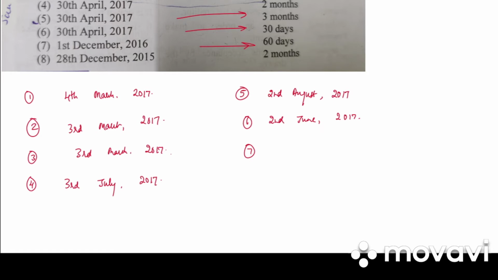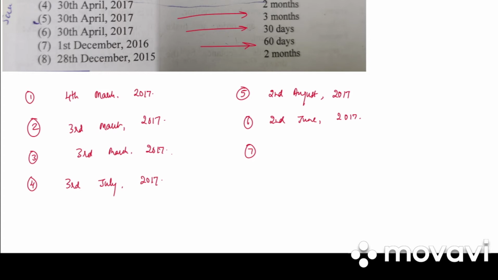Next 1st December 2016 for 60 days. So 1st December to 1st Jan, 1st Jan to 1st Feb plus 3 days. So it is 1st December to 31st December, 1st Jan to 31st Jan plus how many days grace? 3 days grace.